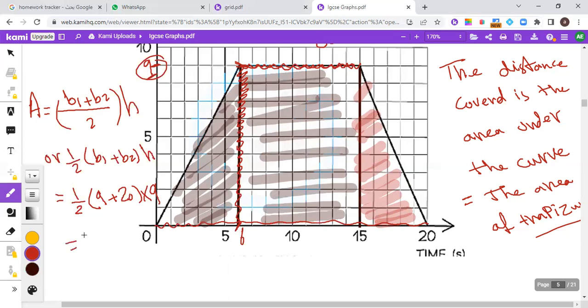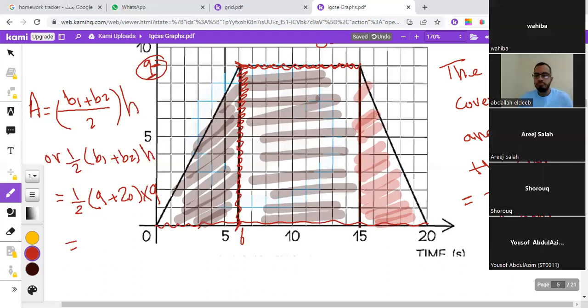Use the calculator and tell me the answer. 130.5. 130.5 kilometers.